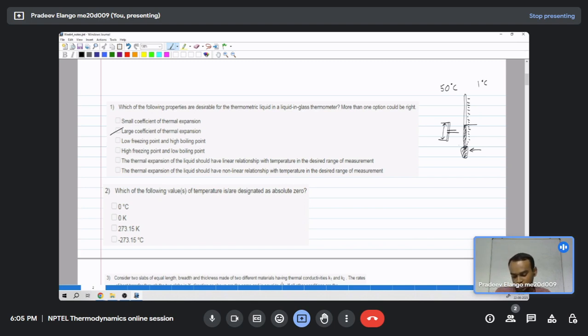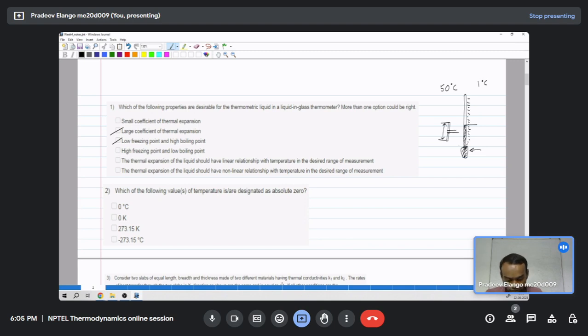The third and fourth options are low freezing point and high boiling point, or high freezing point and low boiling point. Since it is a liquid in glass thermometer, we want the fluid to remain in liquid state over a wide range of temperature. So the freezing point should be as low as possible and the boiling point as high as possible.